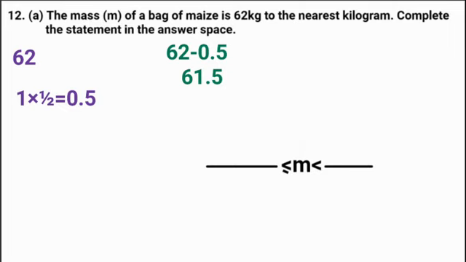We write on the left side of this statement 61.5 kg. You should not forget the units, so here we bring back the units. So we are saying the mass of the bag of maize is greater than or equal to 61.5.